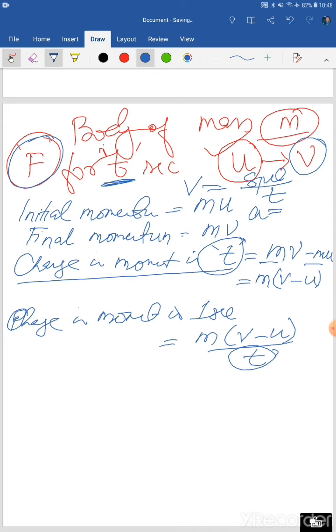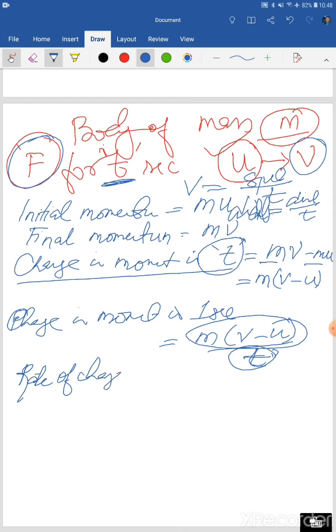Acceleration is the change of velocity with respect to time. So here also there is a change in momentum with respect to time. So this is what we call rate of change of momentum. So rate of change of momentum is mass into change in velocity divided by time.